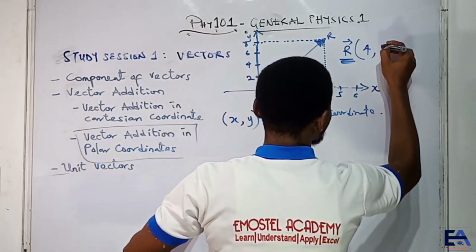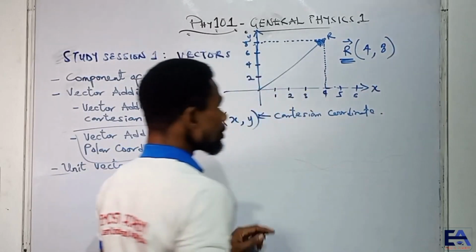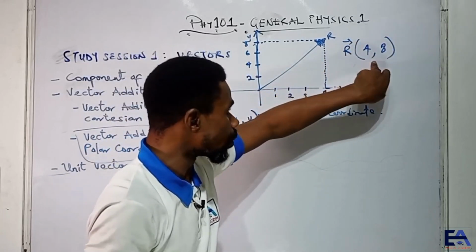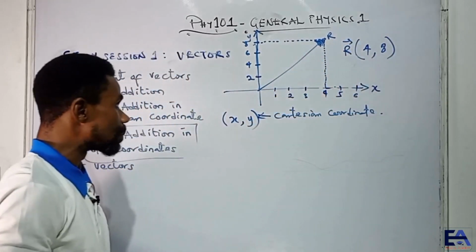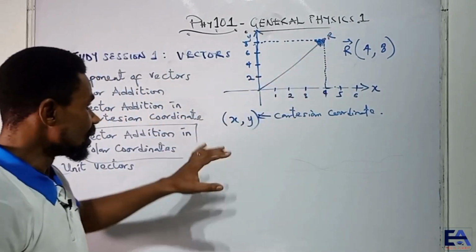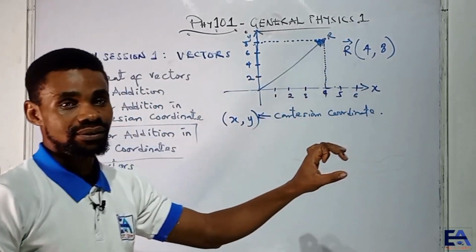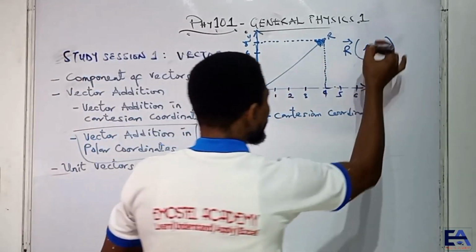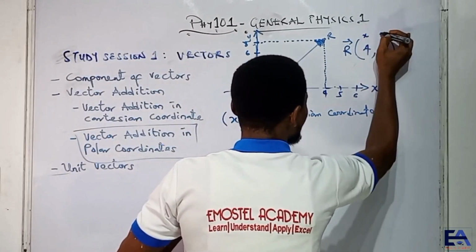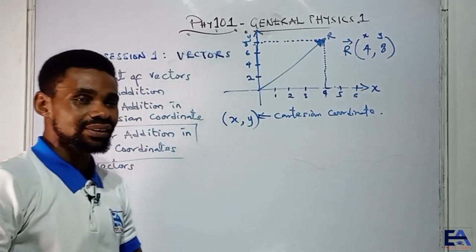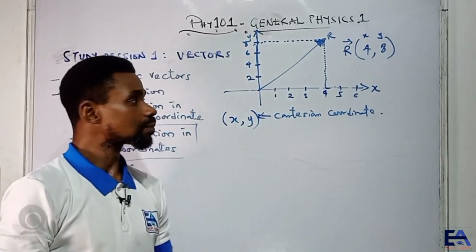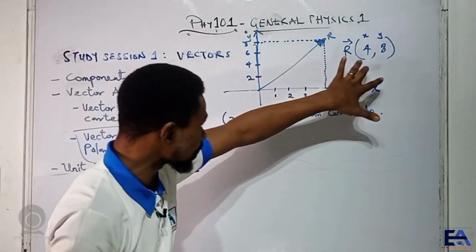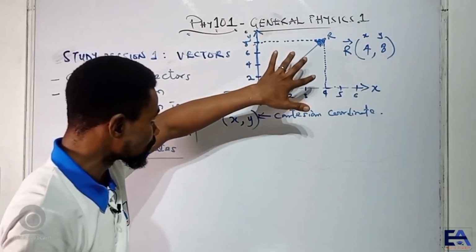So we have 8. By representing the vector in this manner, r is (4, 8), we have been able to represent this vector r in Cartesian coordinates. The first value always represents the x value, and the second value always stands for the y value. You get that? So we have just carried out the Cartesian coordinate representation of this.